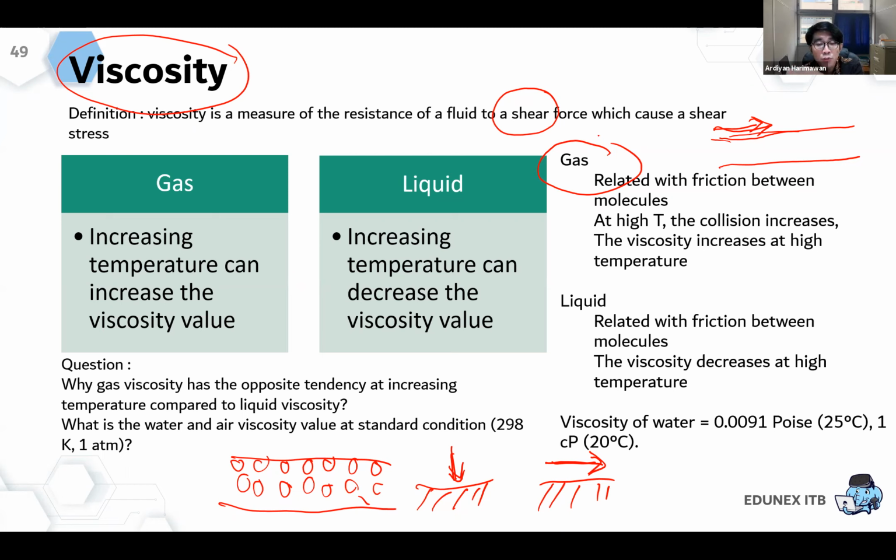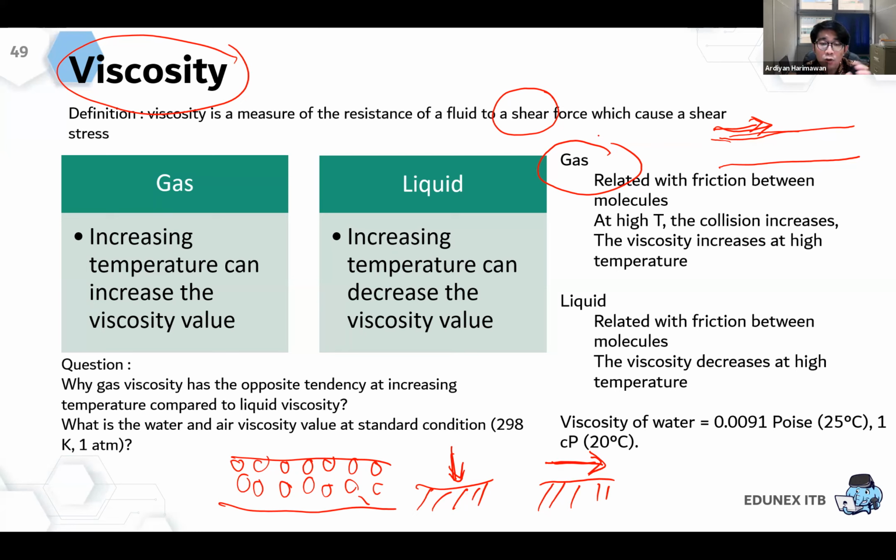So it reduces the cohesive force, and the impact will be reducing the resistance to shear force. That's why for liquid, if you increase the temperature, the viscosity will be lower. So that's what happens with gas and liquid.